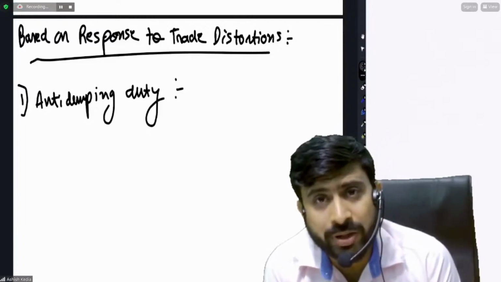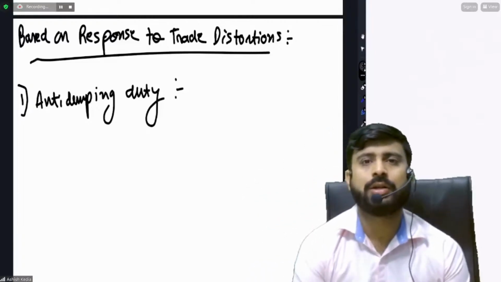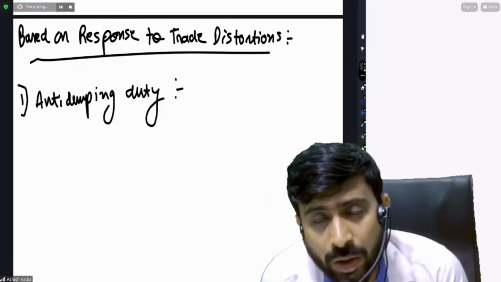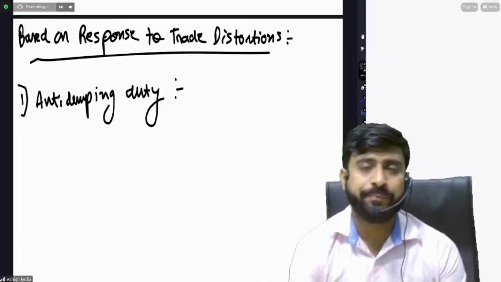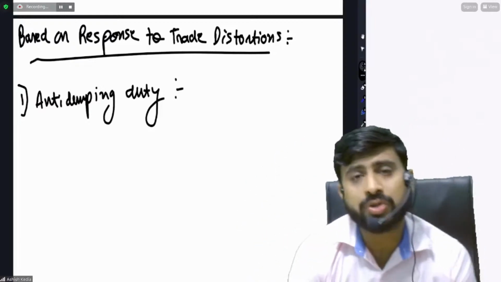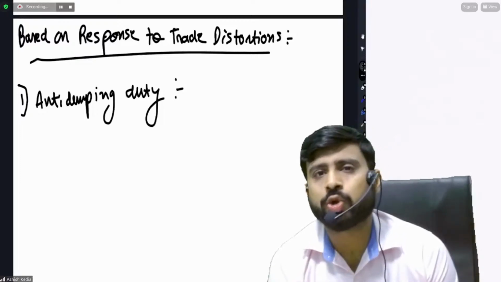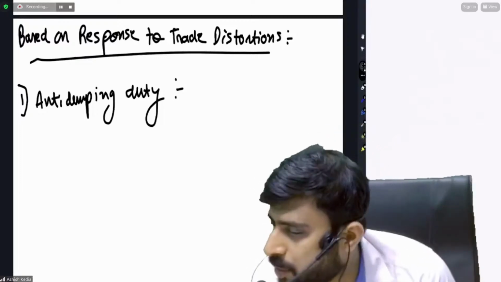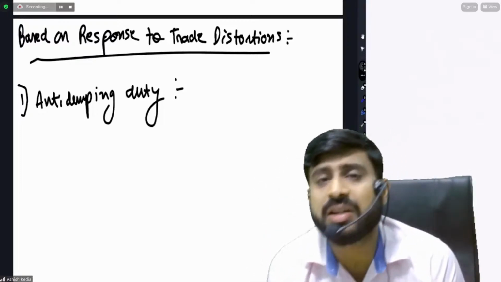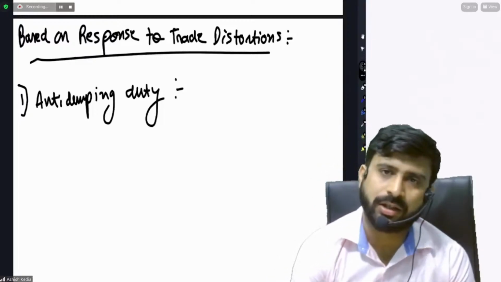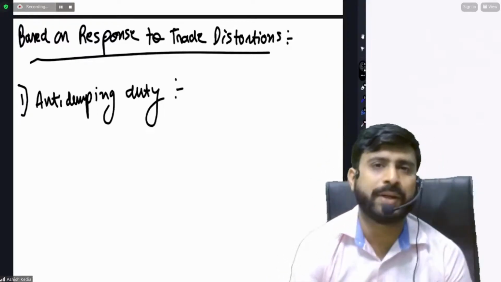China will at a loss sell products to India. Sir, why? This is done so that no domestic Indian producer can survive and China can create a monopoly in the Indian market. That is the logic of dumping.